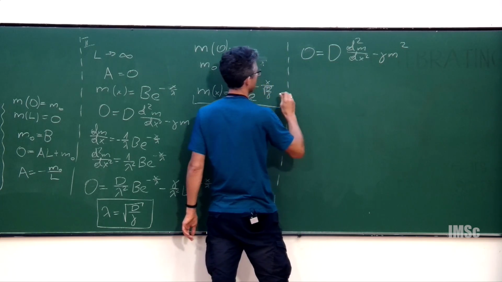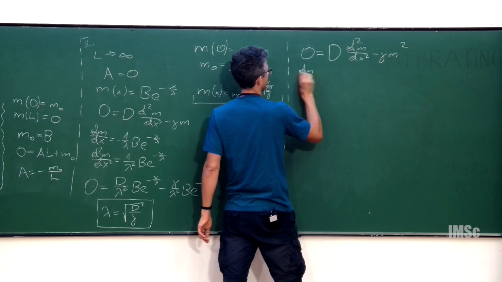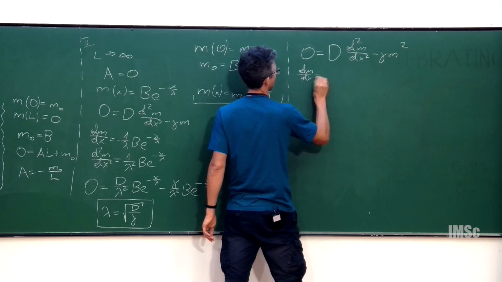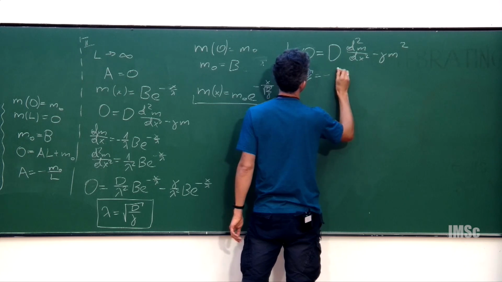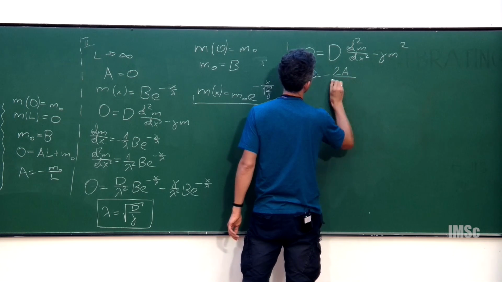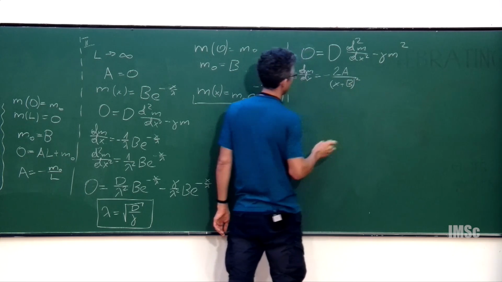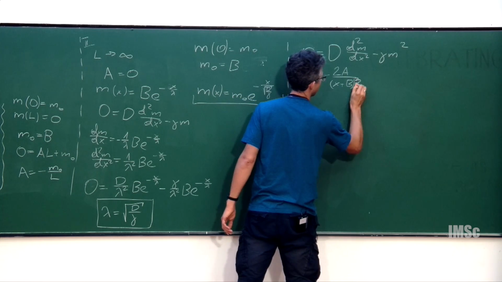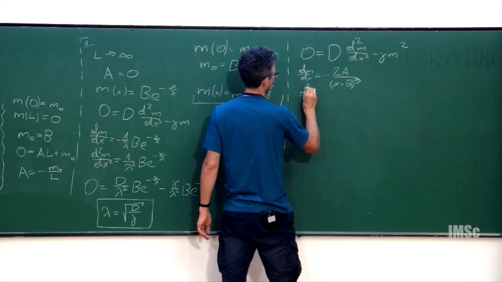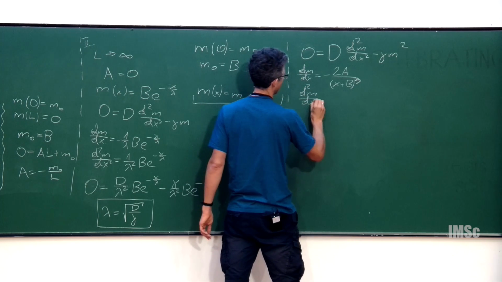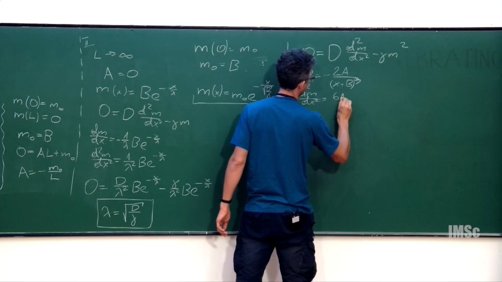What do we need? We need the second derivative. So we first get the first derivative of our ansatz. This would be minus 2a this, and then we take another derivative, and we end up with 6a.